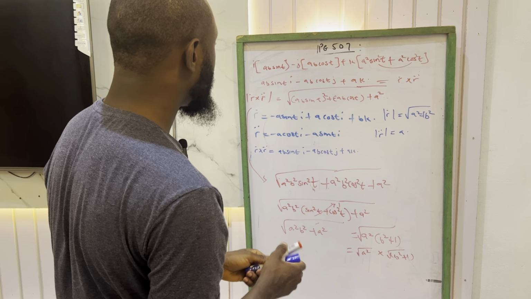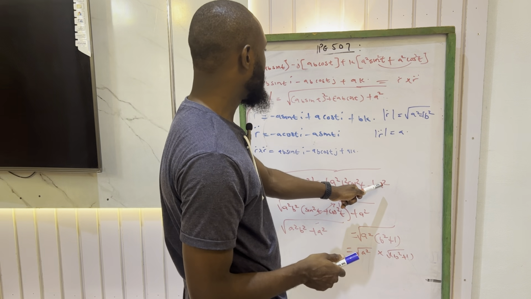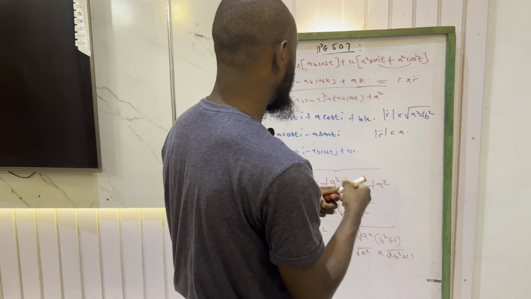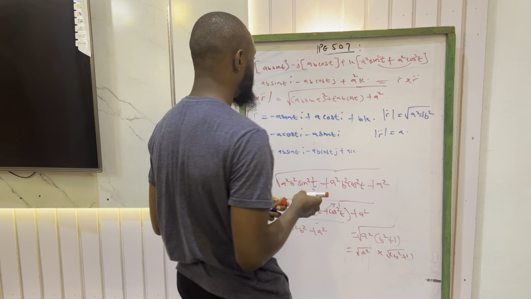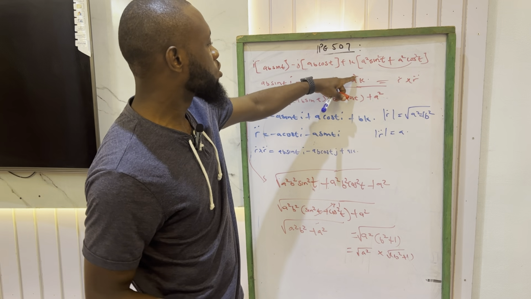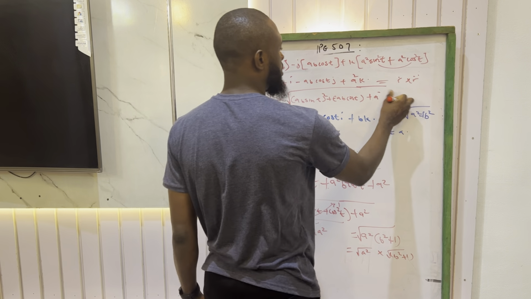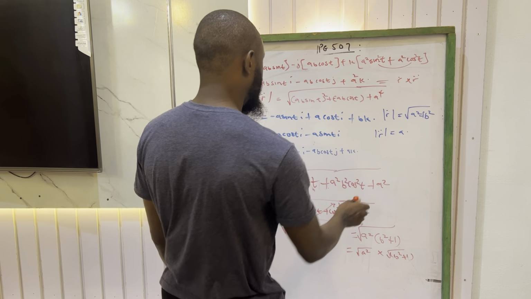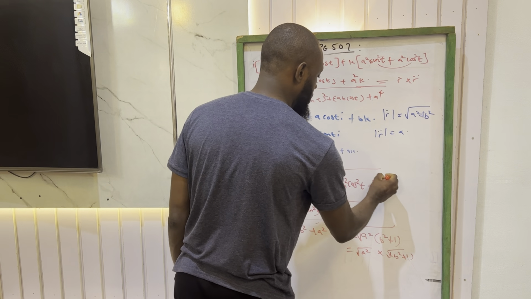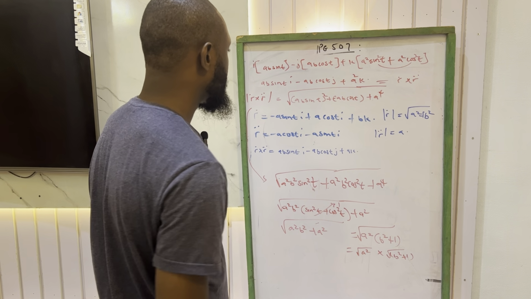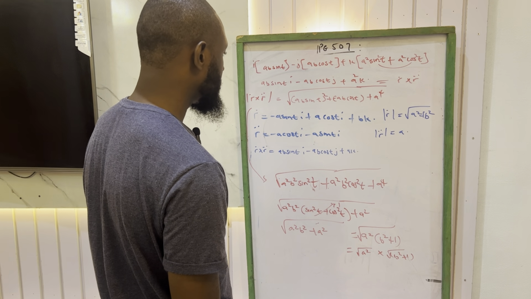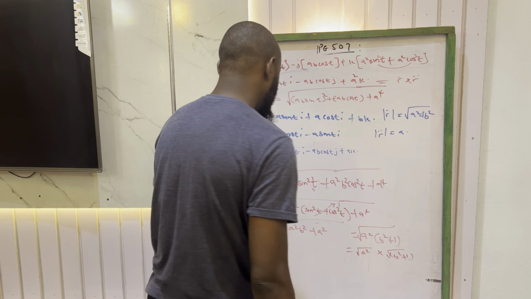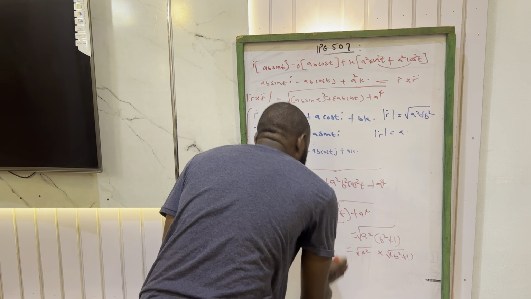I think somewhere along the line we missed our step here. This ought to be a squared, so that this gives us a raised to power 4.